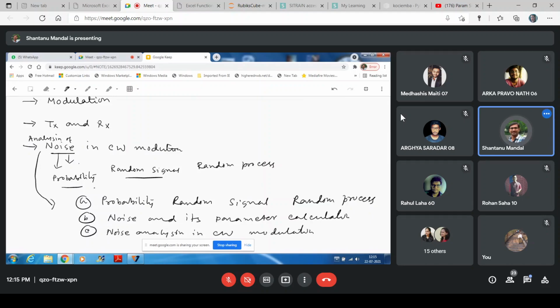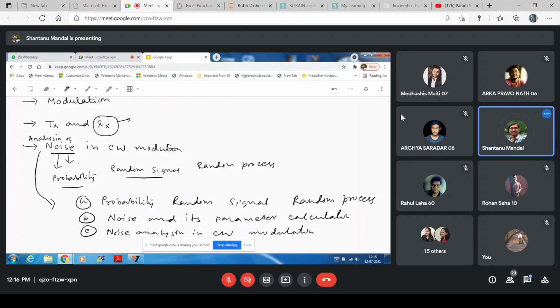And in the transmitter section, different types of transmitter are used. You only have to discuss the AM transmitter, but do not bother about the FM transmitter, because it is not required. But the receiver section is most important.